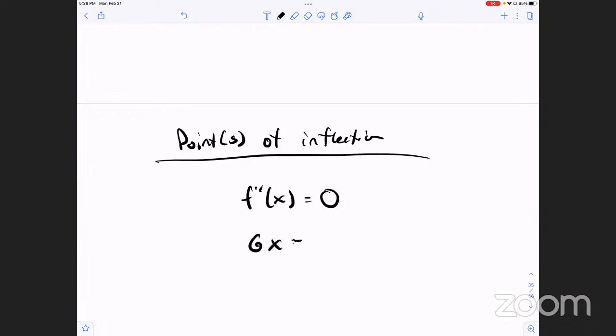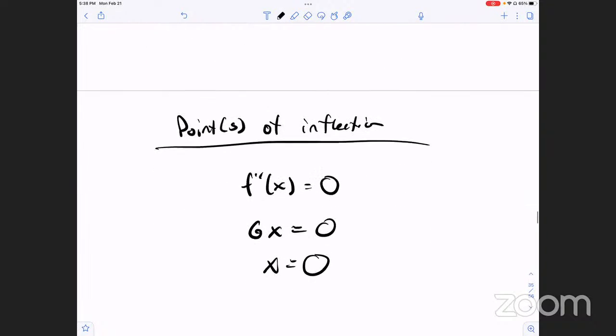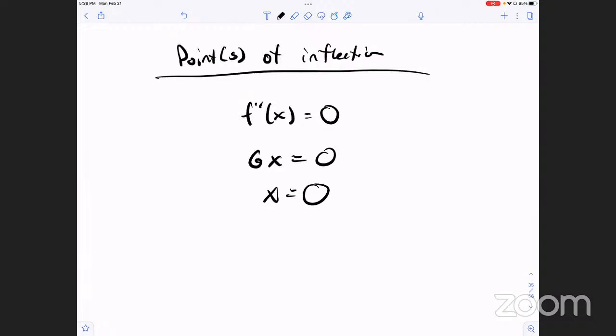So if we have 6x equals 0, the point of inflection occurs when x is 0, right? And then we should just make sure that when you choose an x to the left of this, we said it's concave down, and then x on the right should be concave up. So we're just going to go with this.